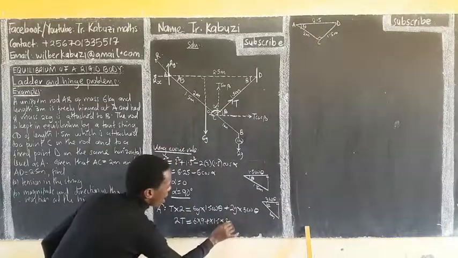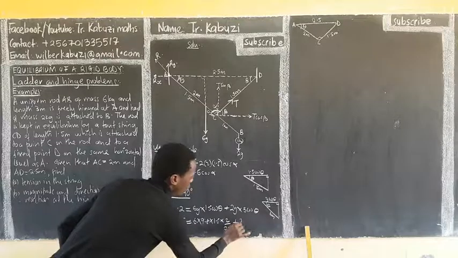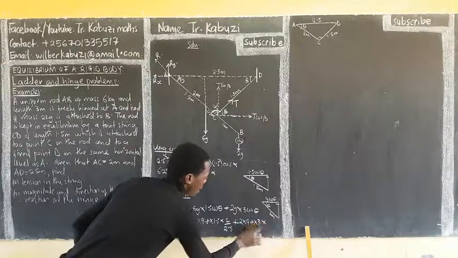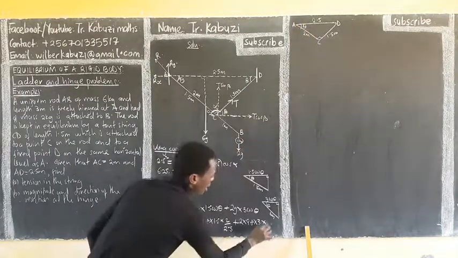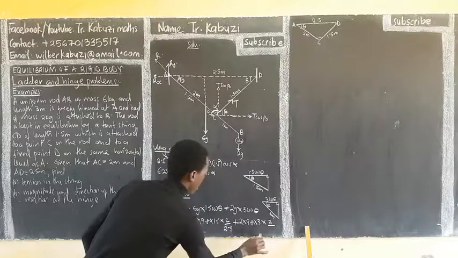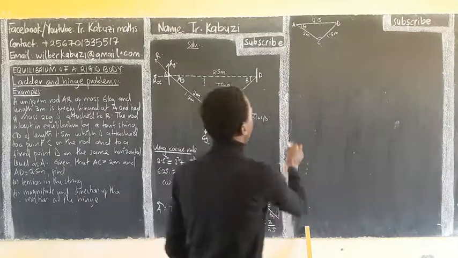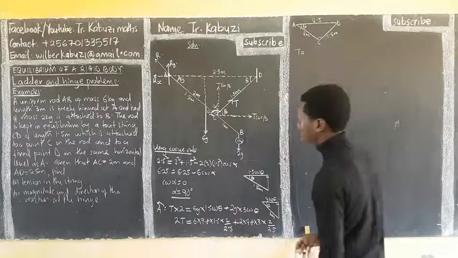So that's why I'm having 2 over 2.5, plus 2 times 9.8 times 3, times still cos theta, adjacent over hypotenuse, 2 over 2.5. And from there, my T is going to be divided through by 2.